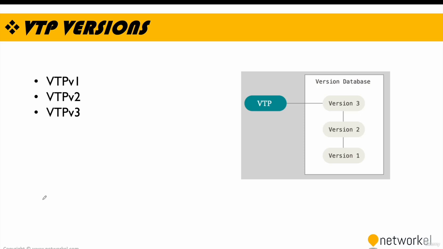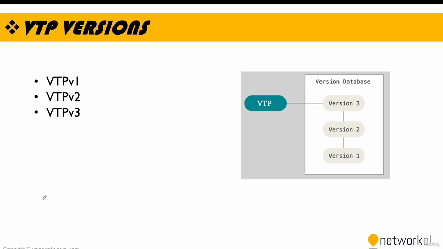And VTP version 3 supports up to 4094 VLANs, including the extended VLANs. It introduces enhanced security features like VTP authentication and the ability to manage multiple VTP domains. It can also operate in mixed environments with VTP version 1 and VTP version 2.